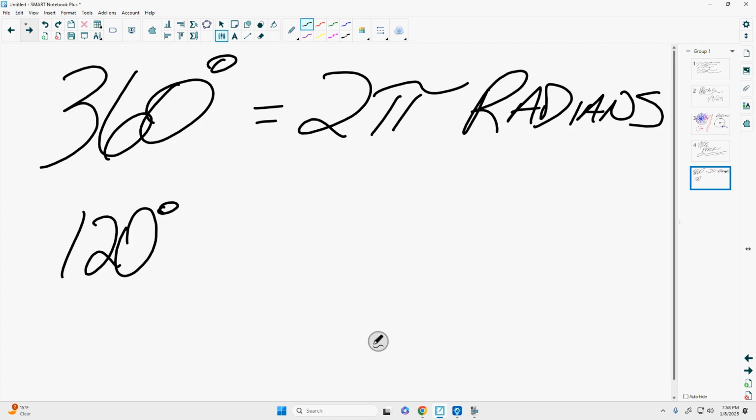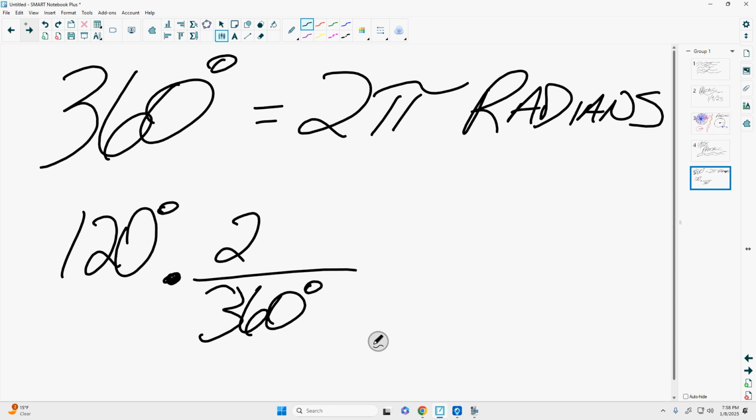120 degrees, right? And I want to convert it to radians. So all I would do is multiply by 2 pi radians on top and 360 degrees on bottom. Okay? And so if you converted that right, that reduces to 3, right?